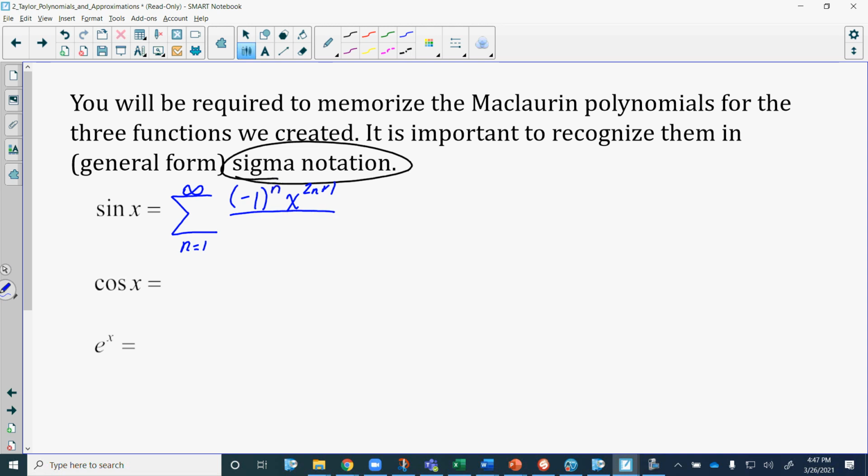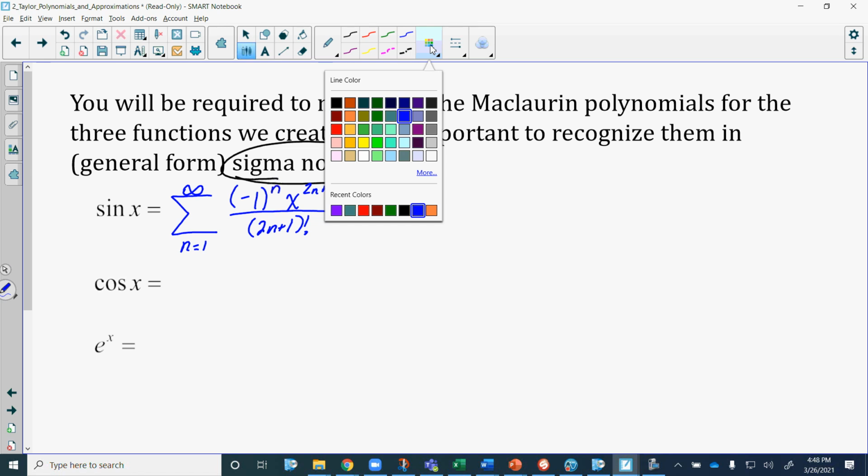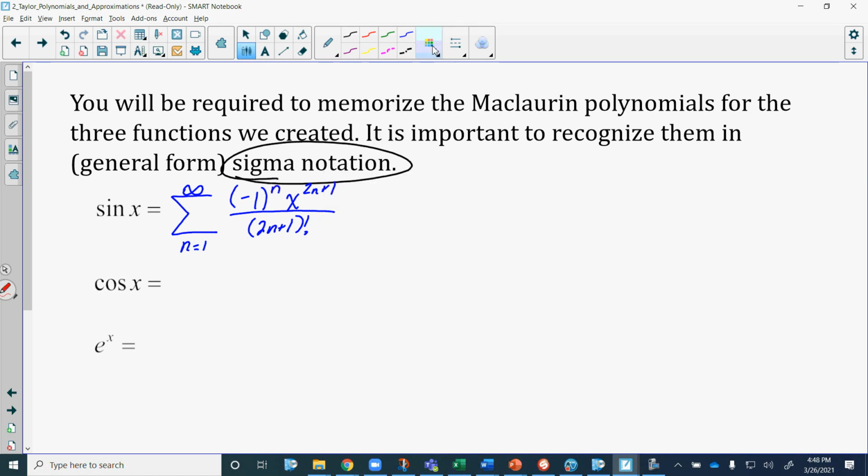And in the bottom, we had 2n plus 1 factorial. So it alternates on odd numbers for sine of x. For cosine of x, let's choose a different color here, I guess.